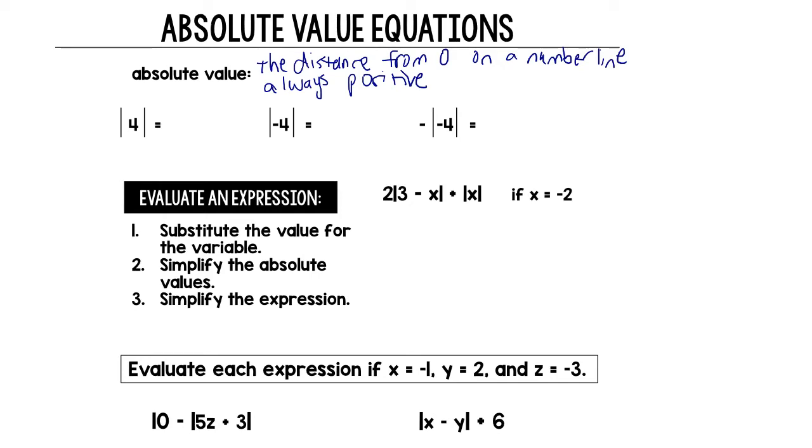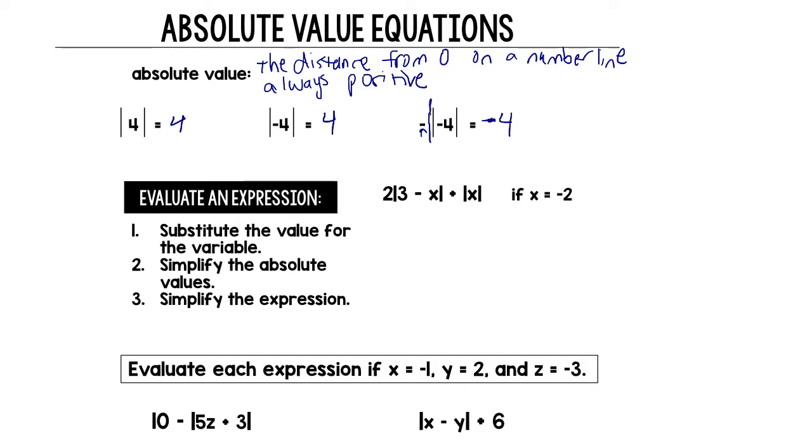So the absolute value of 4 is 4. The absolute value of -4: the absolute value signs make this a positive number, so that's positive 4. Now, we're going to look at this separately. The extra negative out in front doesn't go away because it's not inside the absolute value.